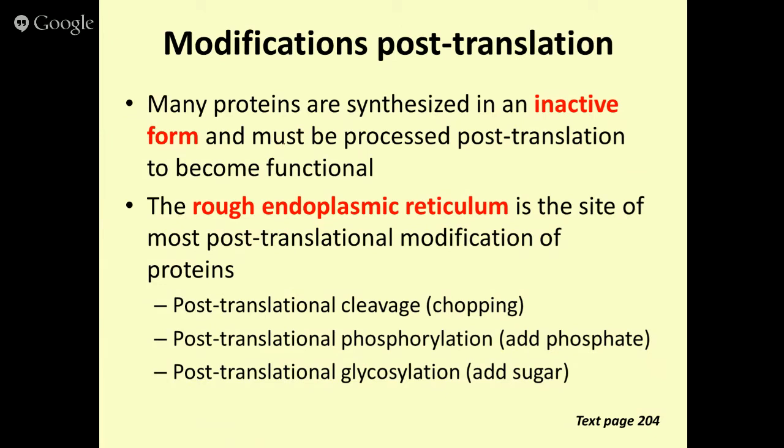Now, a lot of the time when you make your proteins, they're very often synthesized in an inactive form. So say, for example, you're in the digestive system and you have an enzyme that's a protein, and its job is to digest carbohydrates.